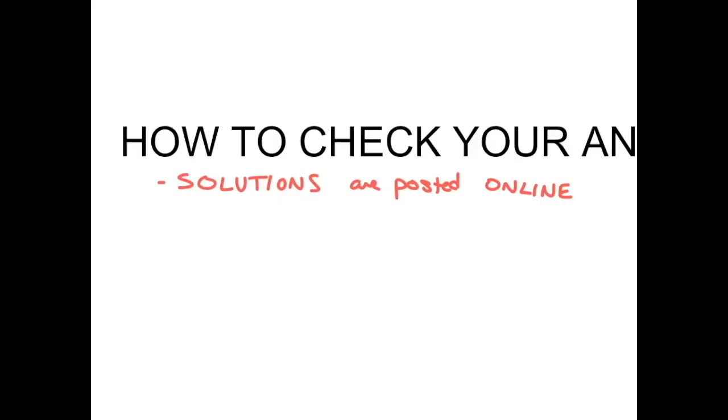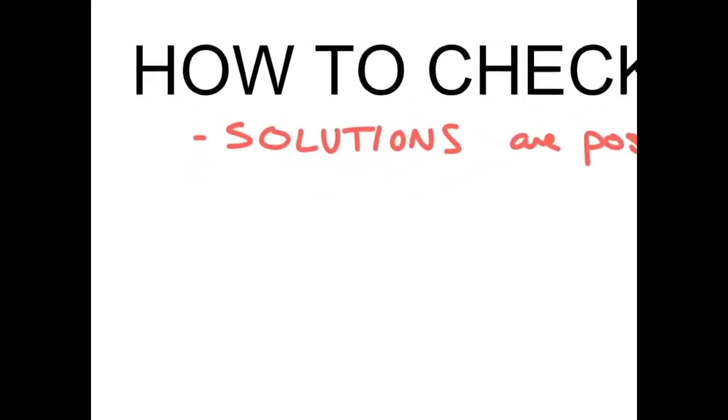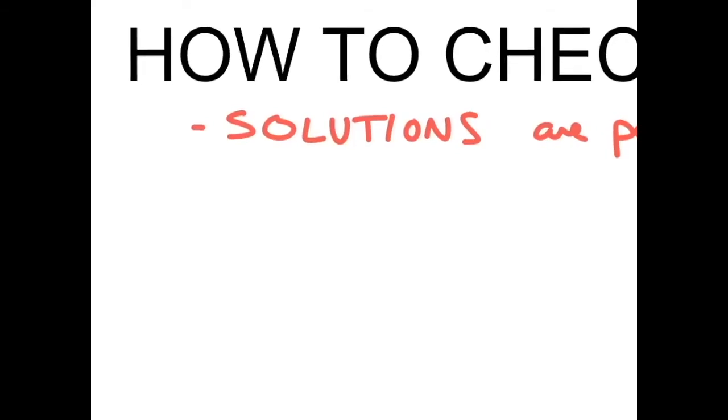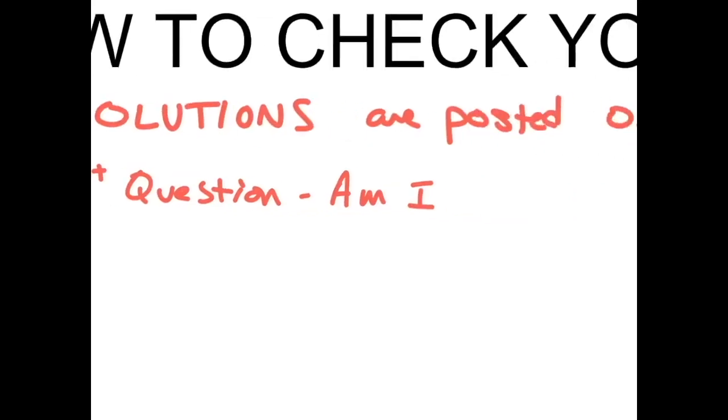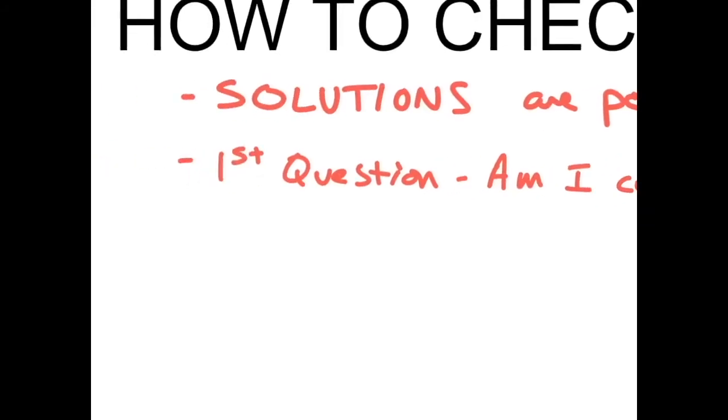So when you're doing your homework, the first question that you want to ask yourself when you're checking your work is, am I correct? And then the second question you'd want to ask yourself is, is my work correct?